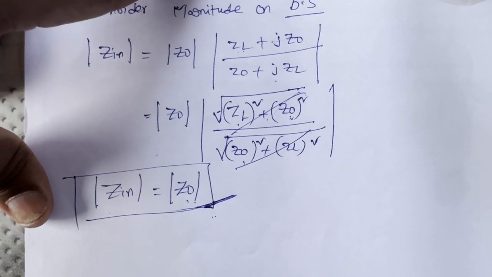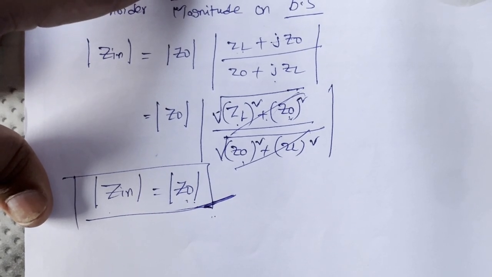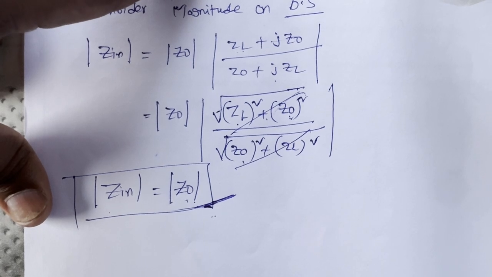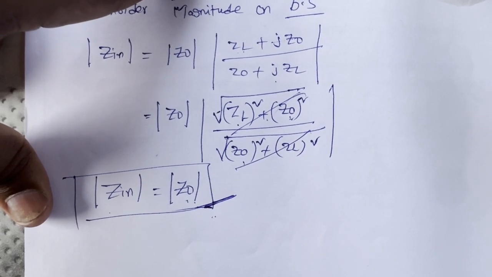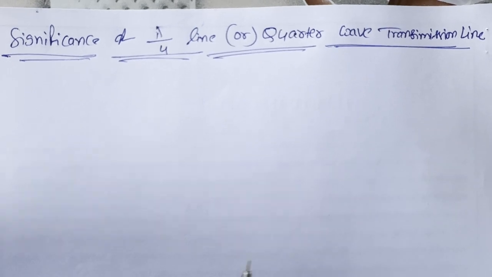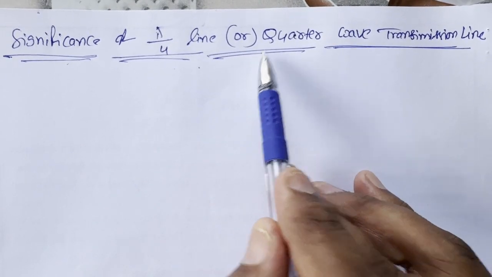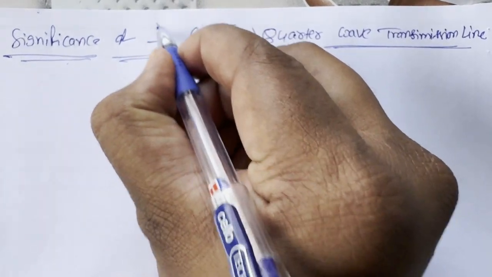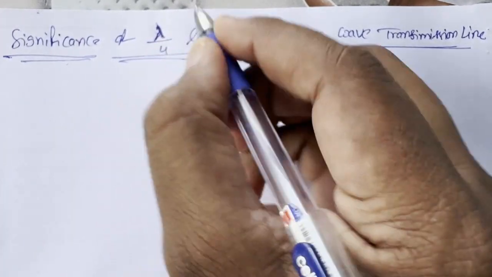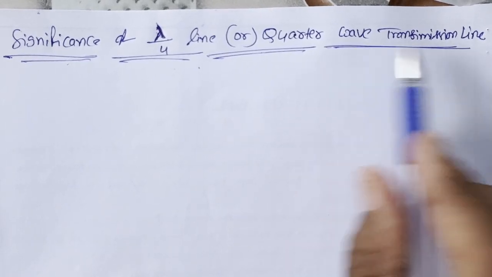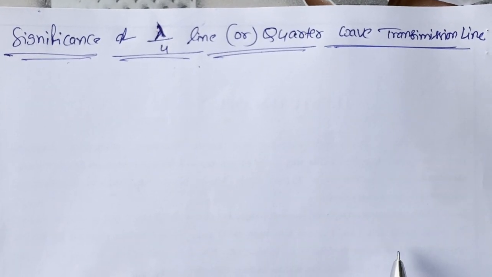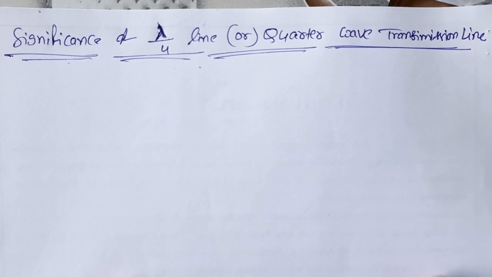Similarly, we have to go for the quarter wave transmission line and the half wave transmission line. Now coming to the significance of lambda by 4 line or quarter wave transmission line, the same process has to be done here also.